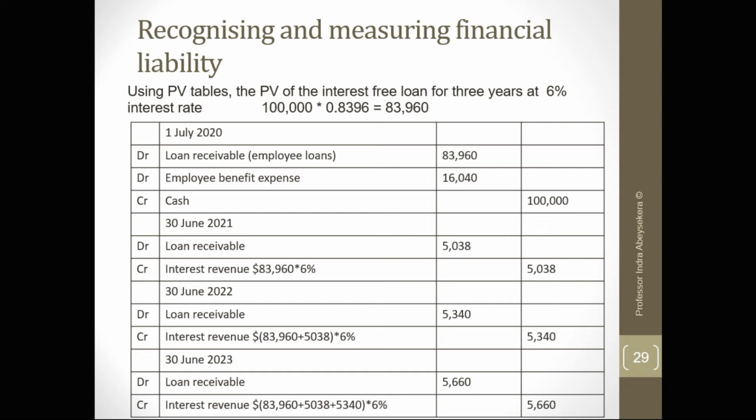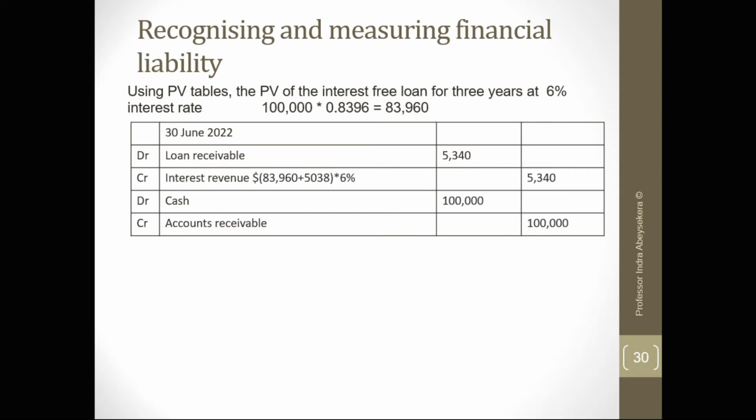So it gets topped up again. So likewise, for 2023, the interest revenue is based on the brought forward loan receivable, and then there's another new loan receivable that gets added to the loan receivable cumulative amounts.